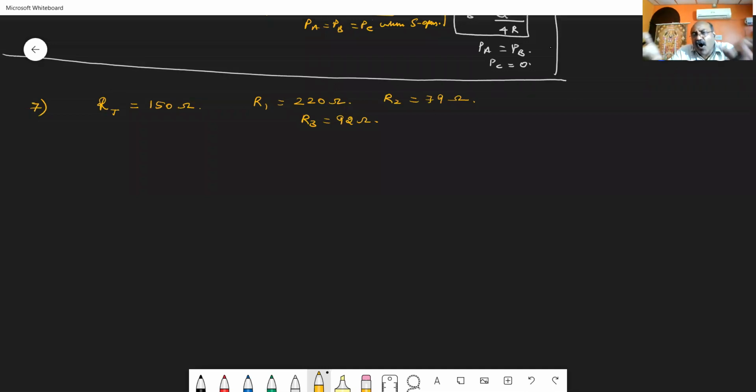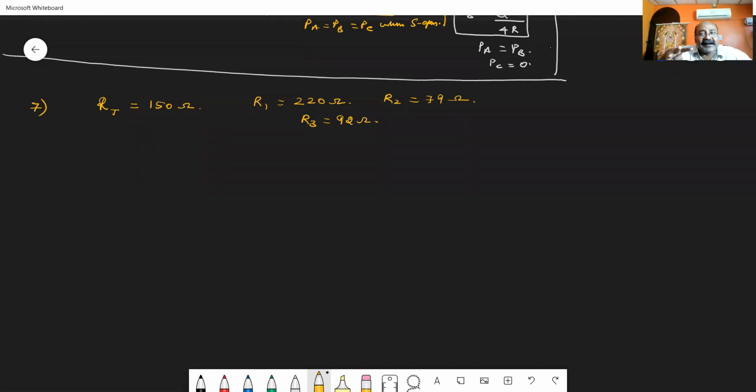If I connect all three in parallel, the total resistance will be less than the least resistance in the combination, that is, less than 79. So I can't connect them in parallel either.